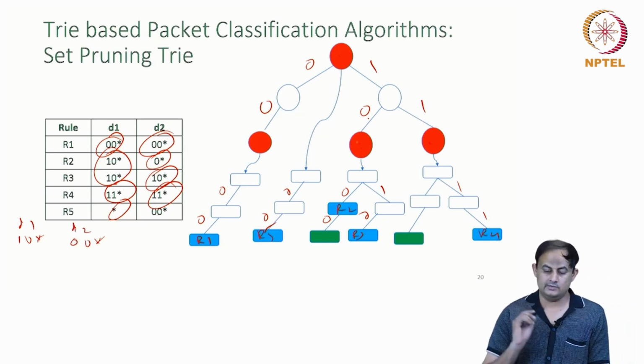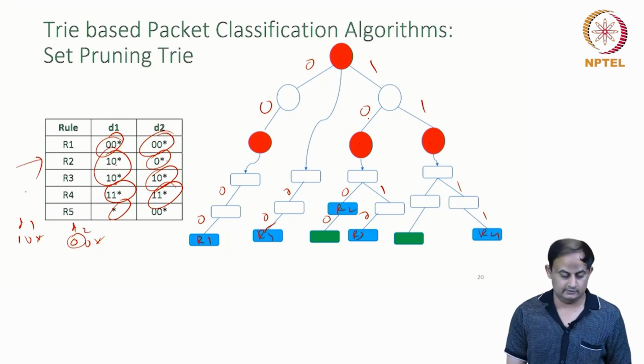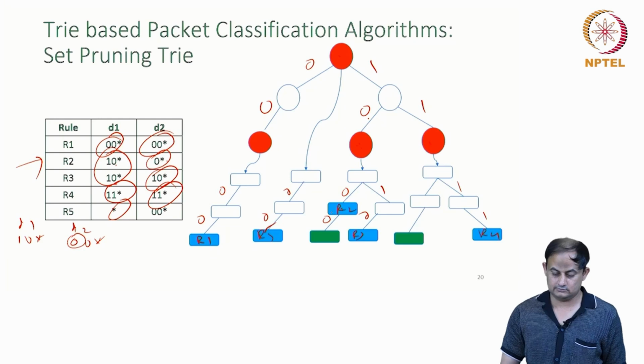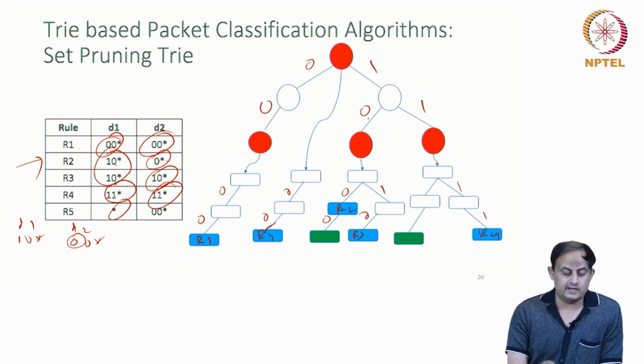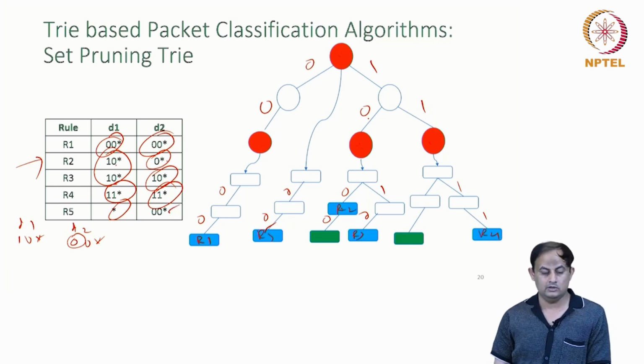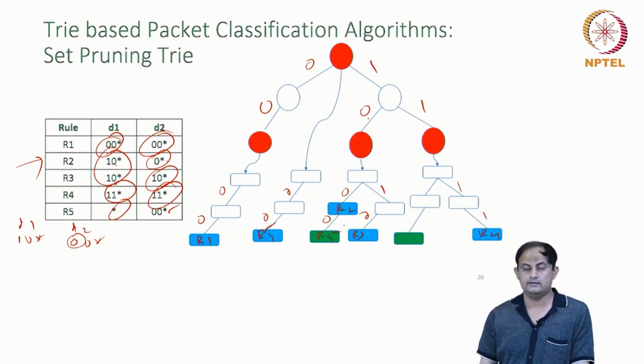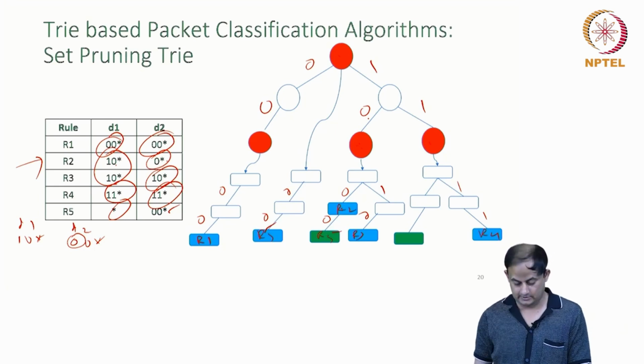So 1 0 star I came here, and then reading the first bit of the dimension D2 I came here. I am trying to explore whether rule number R2 is applicable, and I read the second 0, then I have 0 0 star. 0 0 star is actually a subset of the star. But in that case, rule R5 is more specific than R2, and instead of doing the backtracking, I am going to say that rule R5 is applicable here. That's why I replicated this rule at this point.